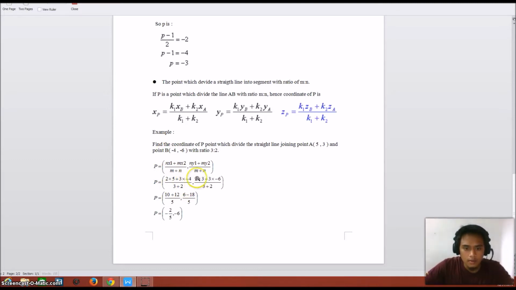For the y value same goes: 2 for n multiplied with 3 the y value, plus 3 ratio multiplied with -6, and divide by its ratio 3 plus 2. Okay, we get 10 plus 12 divided by 5 and 6 minus 18 divided by 5, and we get its point, that is (-2/5, -6).